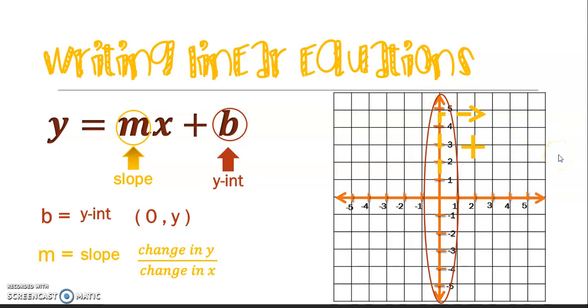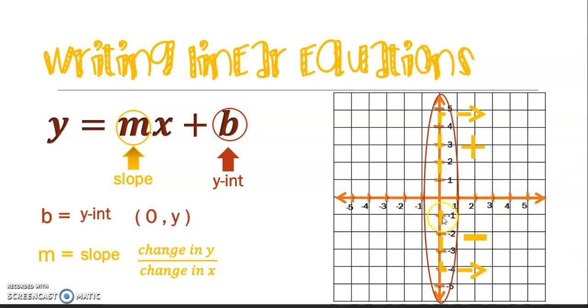Something really important is that our slope never moves to the left. It always moves to the right, just to the right. It doesn't matter if it's positive or negative. Let's see when does it move down? Well, it moves down when it's negative, but it always moves to the right.